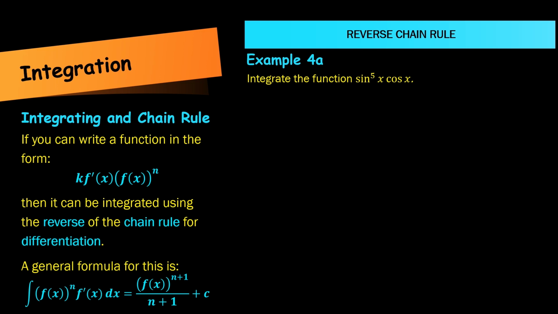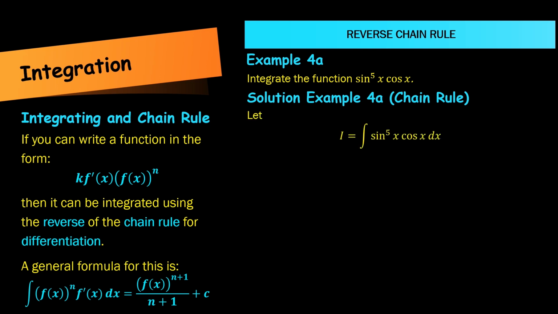Now let's solve this using the other method. Again, we let I equal our integral. This time we put y equal sin x to the power 6 divided by 6 and u equal to sin x. So we have that y equals u to the power 6 divided by 6.